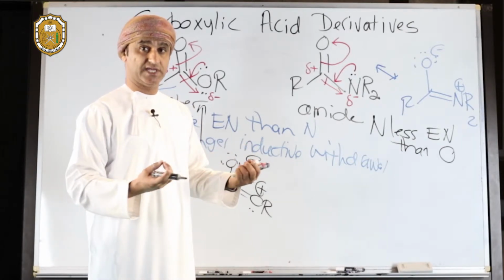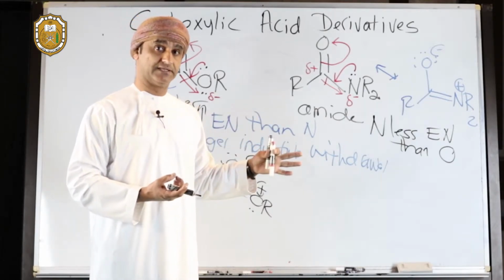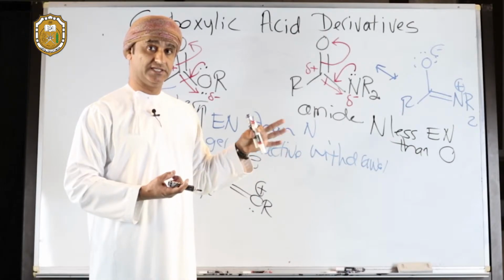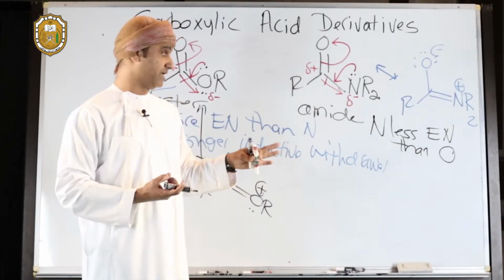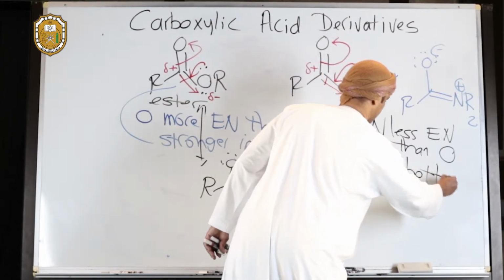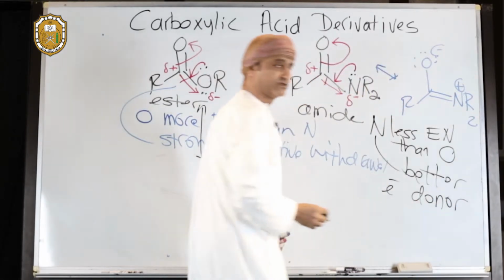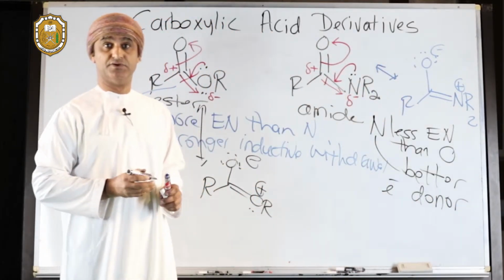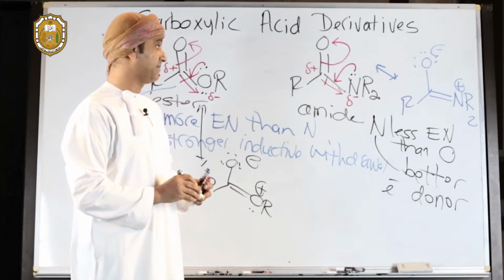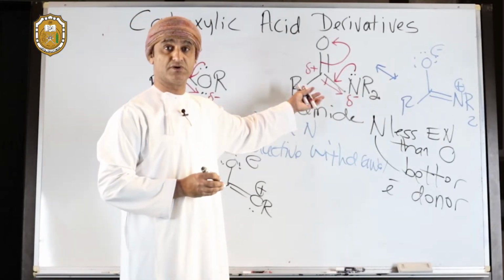If it has a weaker ability to withdraw, then it will have a higher ability to donate. Therefore, nitrogen is a better electron donor than oxygen. If it is a better electron donor, then this resonance is actually stronger.